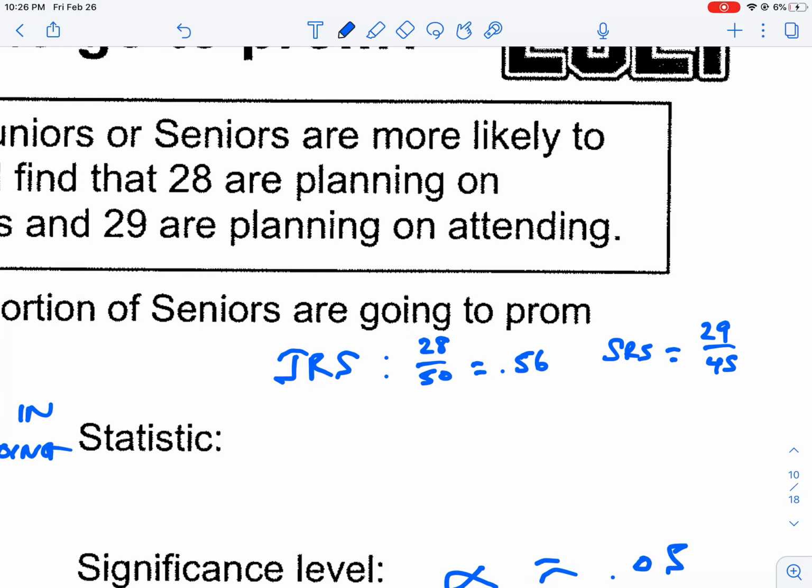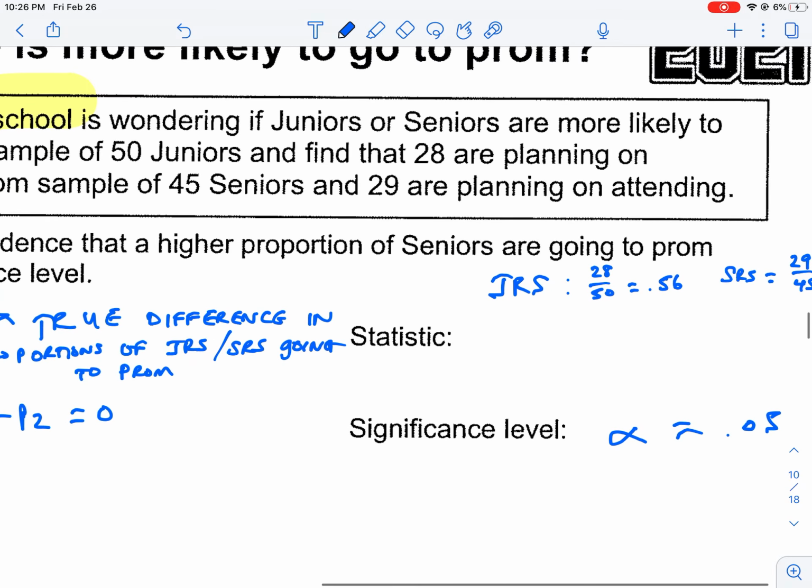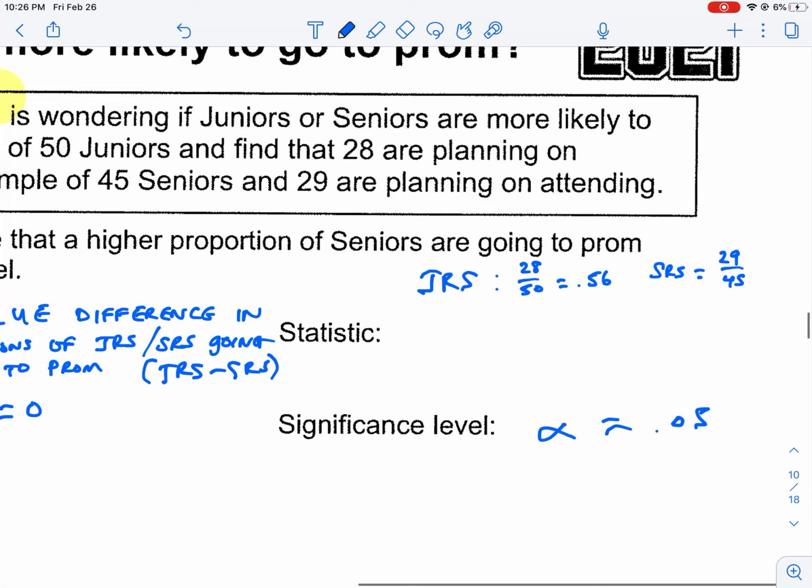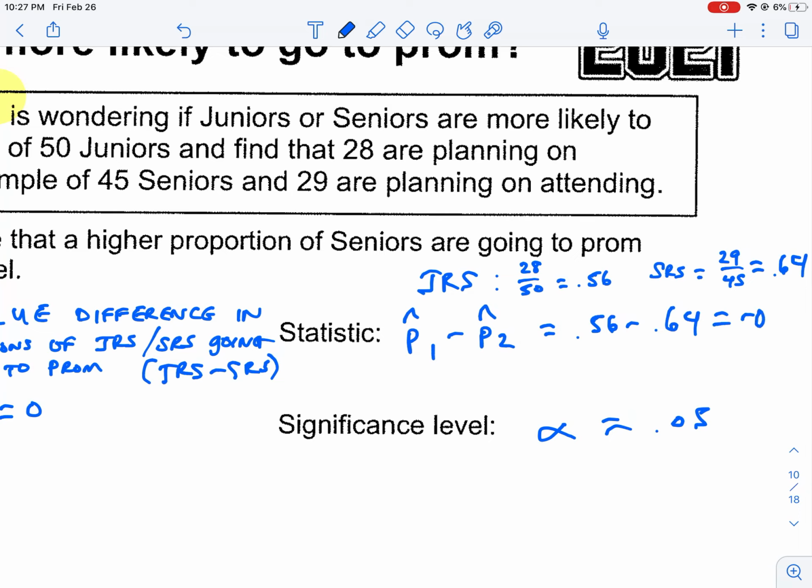So our statistic, what we're going to be measuring, is juniors minus seniors. So our statistic is p hat 1 minus p hat 2, where p hat is our sample proportion, which is juniors minus seniors. So that's going to give us 0.56 minus 0.64, which the senior proportion was 0.64 if you represented that as a decimal. And so that's going to be a negative 0.08.